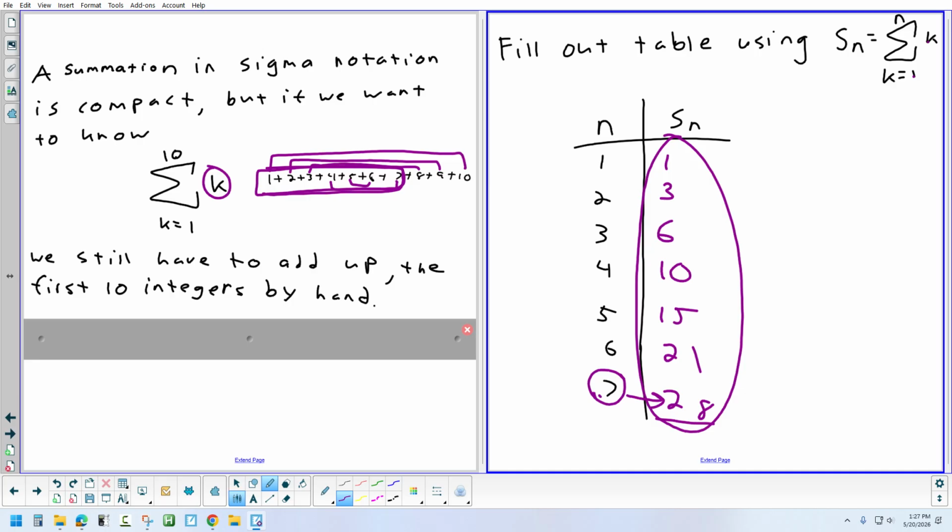To get from 1 to 3, you add 2. So are we adding 2 each time? No. We're not adding the same number over and over. So it's not arithmetic. Is it geometric? What would it mean if it was geometric? Yeah.